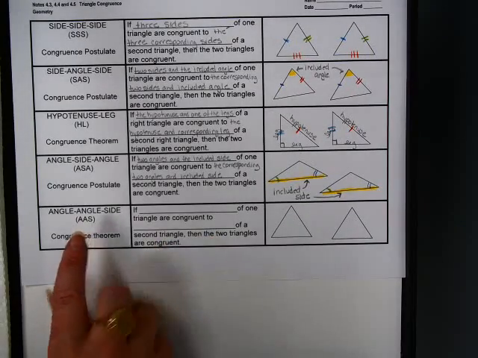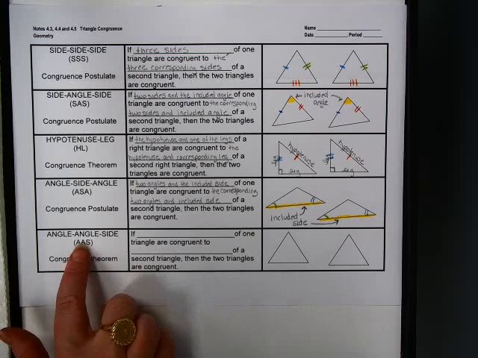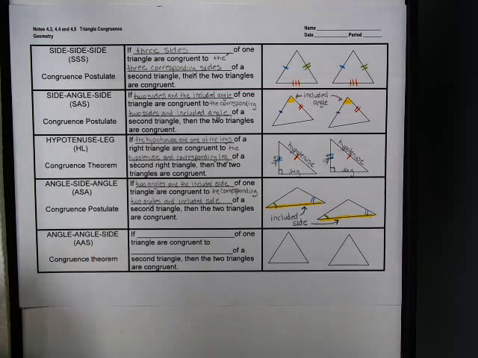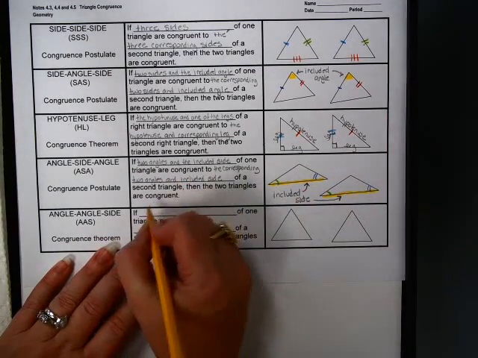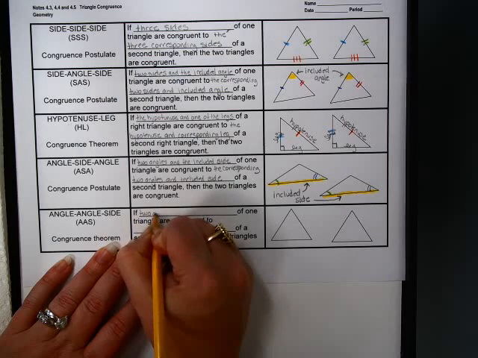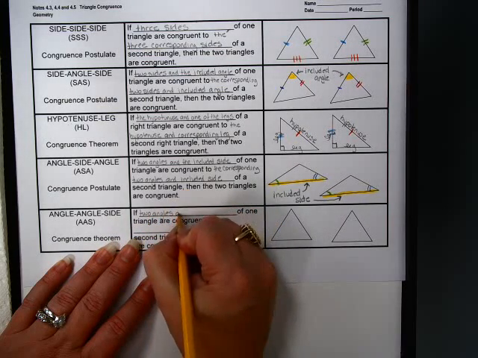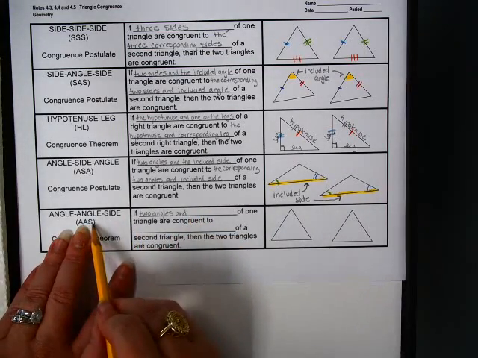Okay, finally, I've had 2 angles and a side, so here's another combination of having 2 angles and a side. Double angle and then side. Okay, so this one reads, if 2 angles, and see how the side is on the outside?